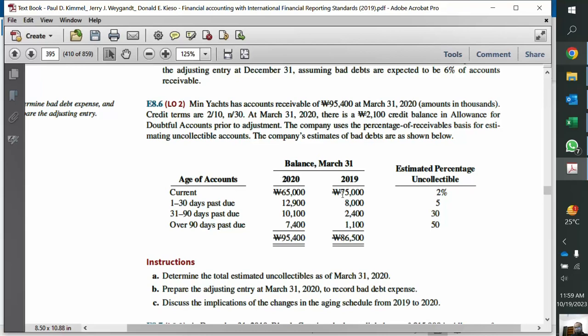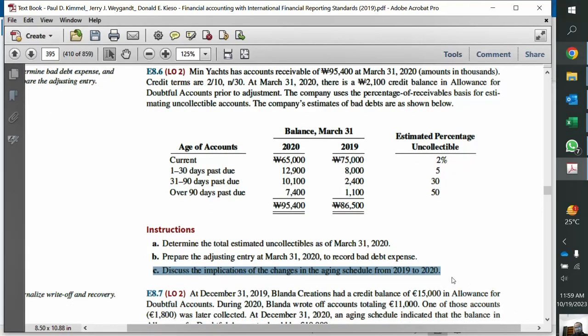The collection department was performing well last year because overdue accounts were rare, whereas this time they are much higher. Or how do we evaluate the credit policy? The credit policy was well managed last year as compared to this year. This is just a verbal implication narrative which you might have to show. I don't guess that these kinds of questions will be examined.